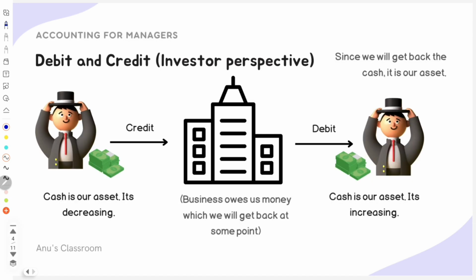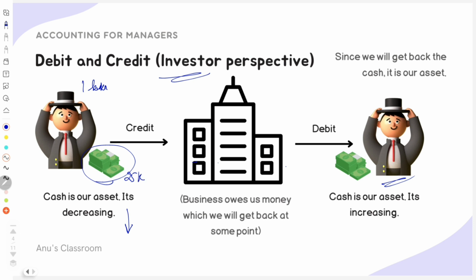Let us look at this transaction from the investor's perspective, from our perspective. Let us say that we are putting money into the bank or into the business. The cash which we have is our asset, but it is decreasing, right? I am giving money into the business. Suppose in total I had 1 lakh rupees, and I am putting 25,000 into the account.